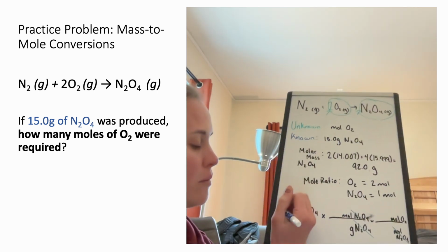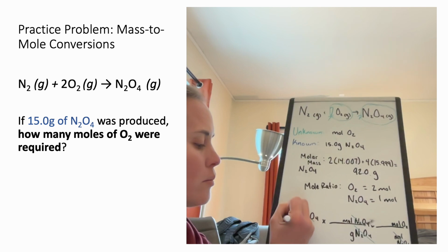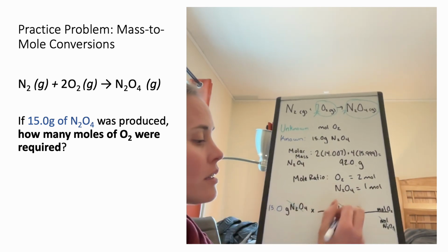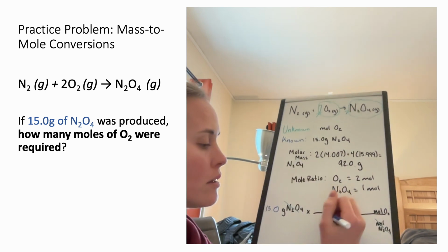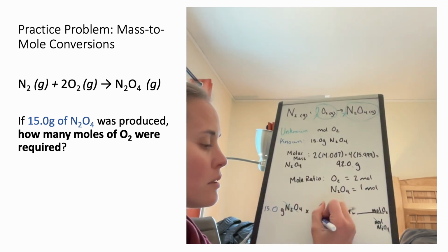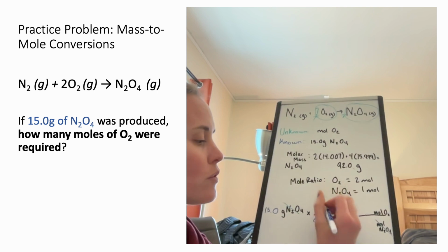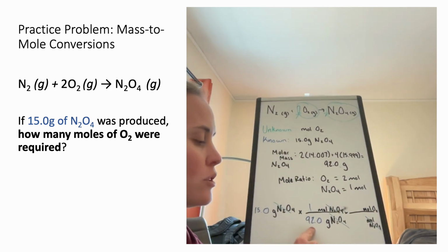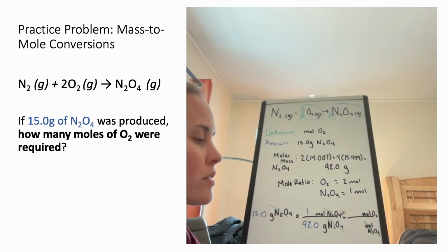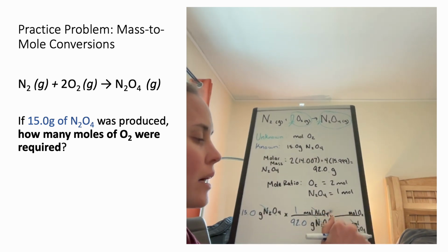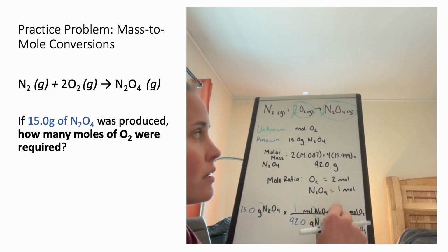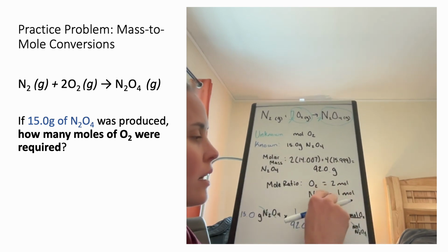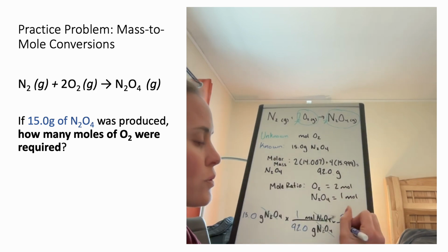The given number is 15.0 grams of N2O4 times the molar mass, which is 1 mole over 92.0 grams of N2O4, because there's 92.0 grams per 1 mole of this compound. And then we multiply it by our molar ratio. So our molar ratio, the moles of O2 was 2, and the moles of N2O4 was 1.